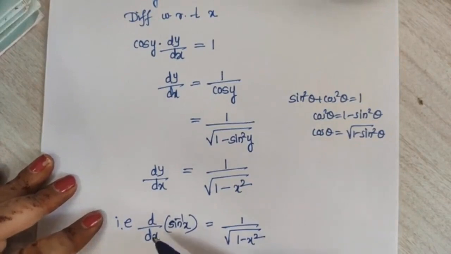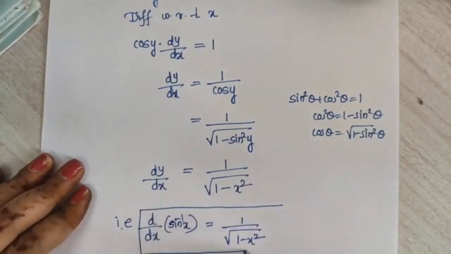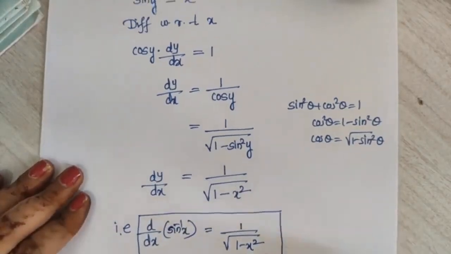So remember, differentiation of sin inverse x is 1 divided by root of 1 minus x square. This is the first, the derivative of sin inverse x.